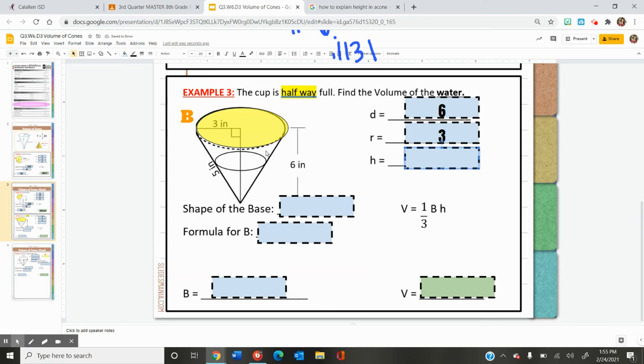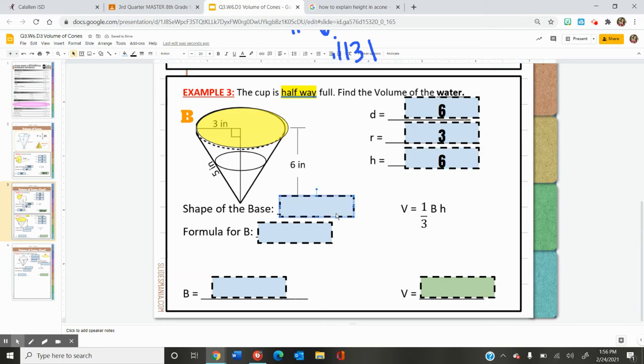Now for my height, I'm probably distinguishing between 5 and 6. Remember that this 5 is the slant height. That's not what I'm concerned about. I'm concerned about the distance between the center of my base to the peak, or the vertex. Here it's telling me that distance is 6. So here I'm going to type in the number 6.